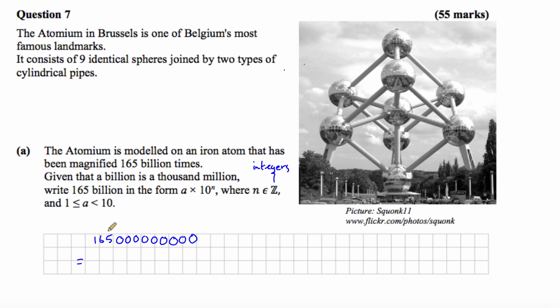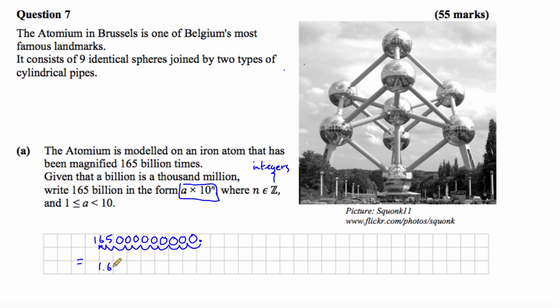To write it in standard form, you're going to express this in this general shape here: some number multiplied by 10 to the power of another number. And the first number A must be between 1 and 10. So if you moved the decimal back to this position here, from where the decimal actually is, you'd move once, twice, 3 times, 4, 5, 6, 7, 8, 9, 10, 11 times to get it back here.